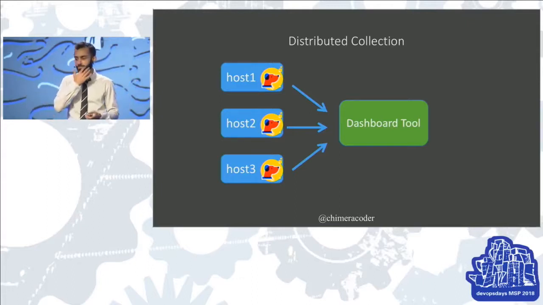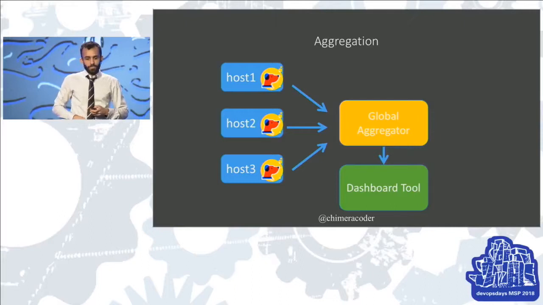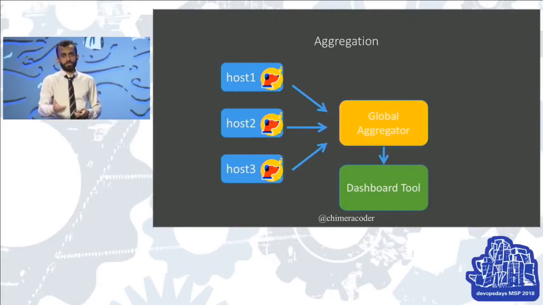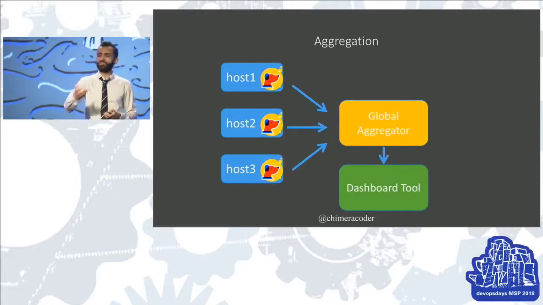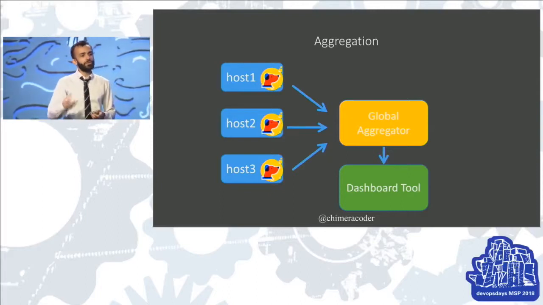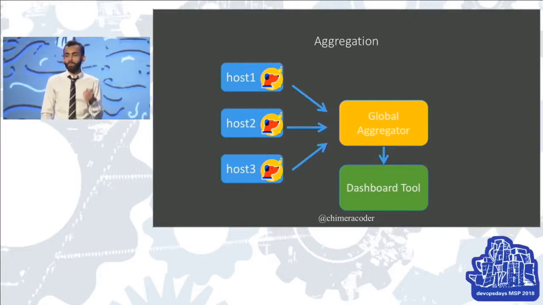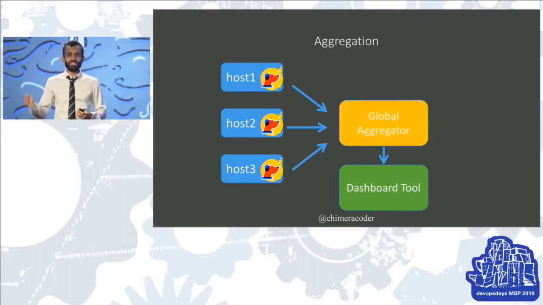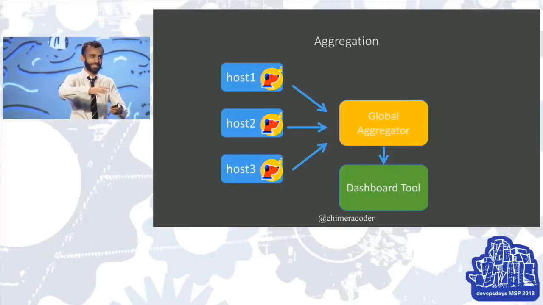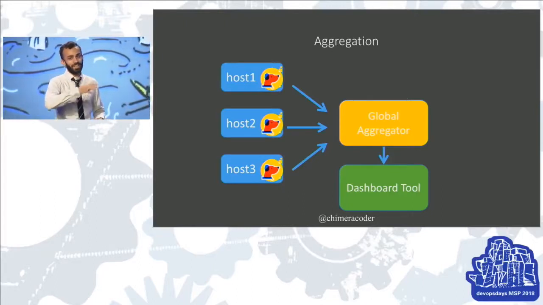It's just not possible. So if we wanted to get a global percentile, we'd have to send all the data to a global box to be aggregated, which defeats the whole point, because now we've reintroduced a single point of failure. If that global aggregator goes down, we're stuck. But we've also introduced a load problem, because now we have to send all of our request latency data to a single box, and that's a lot of data.